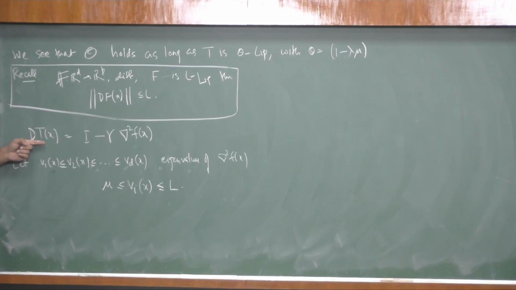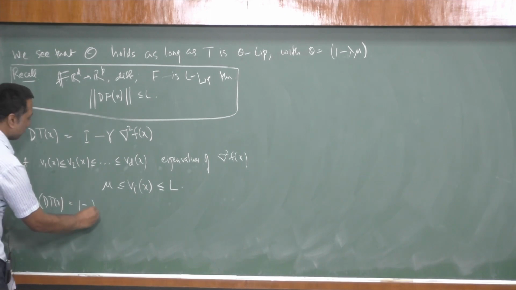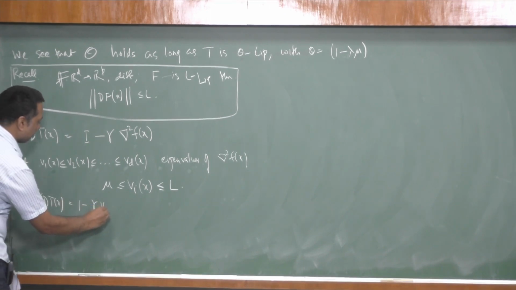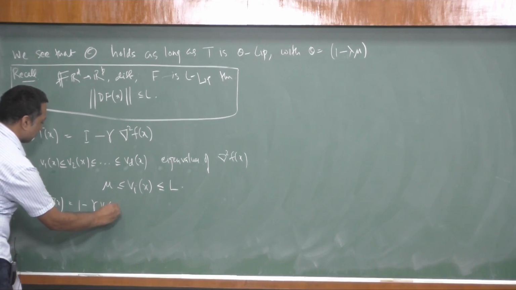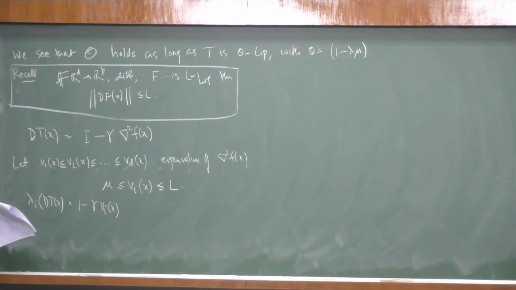Given that the eigenvalues of the Hessian are known, vi, the eigenvalues of dt(x), written as lambda_i of dt(x), are nothing but 1 minus gamma vi(x).